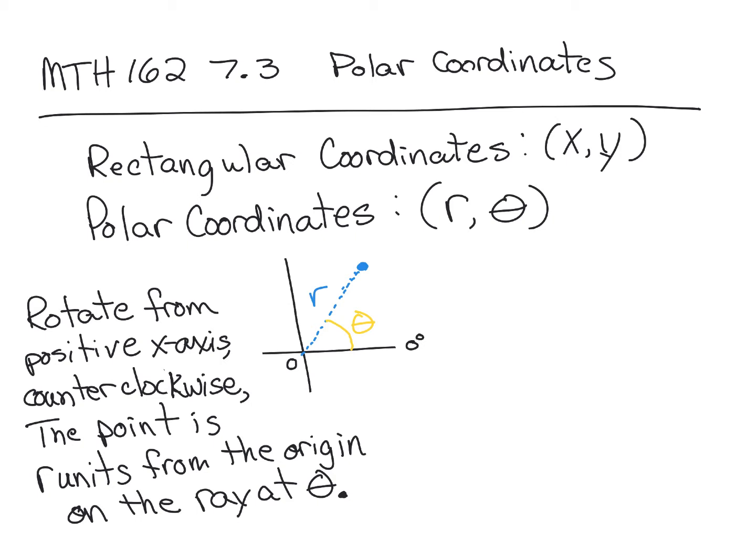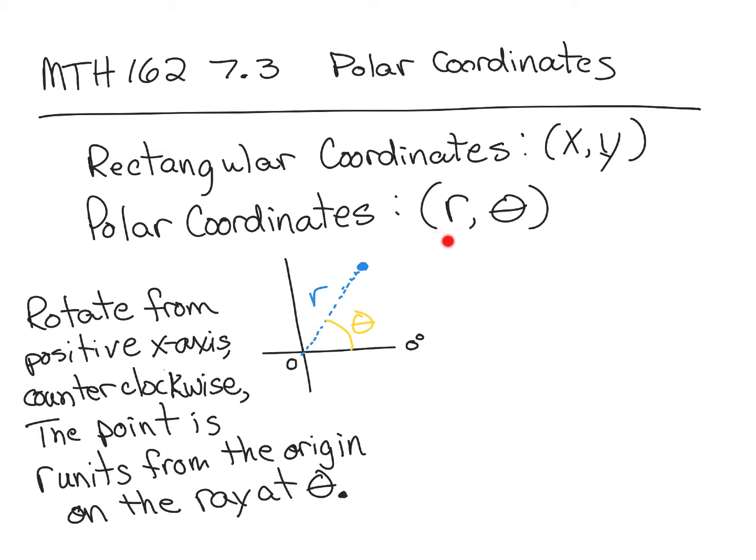Normally we graph things in rectangular coordinates, which is kind of like take this many blocks east or west, and then this many blocks north or south. With polar coordinates, we're looking at it more as the crow flies.